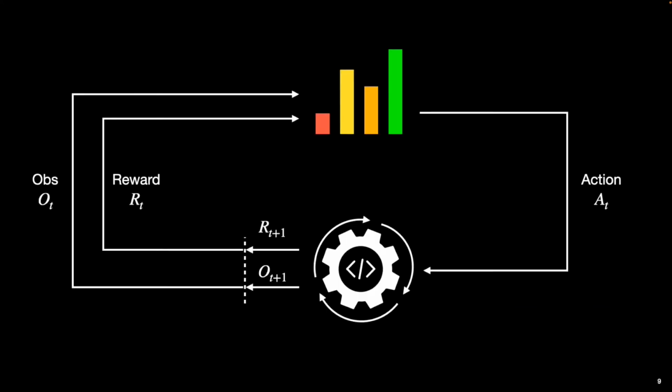So if you think about it, this problem of prioritization can be seen as a reinforcement learning problem, since it is inherently sequential. So we have our CI build. At each time step, we receive a test case or a set of test cases, and we have to decide which rank to give to each of these test cases.